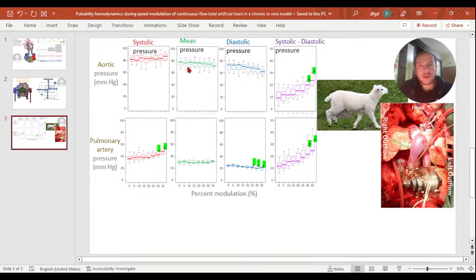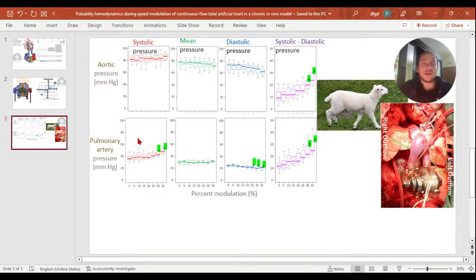So if we look at the aortic pressure diagrams over here, the only statistical significance those researchers found was when they used the percent modulation 30% and when they used the percent modulation 35% in the pulse pressure. So they found the highest pulse pressure.